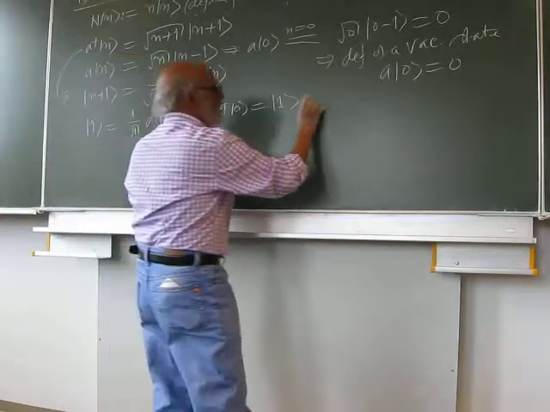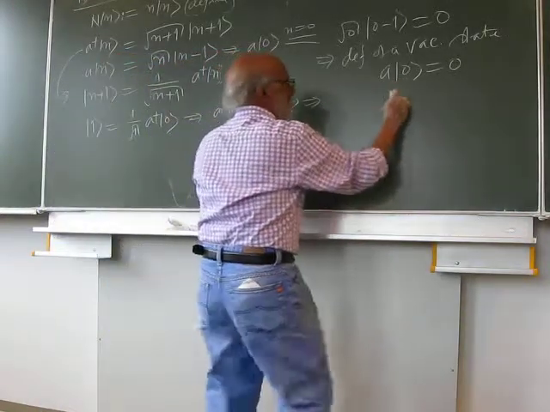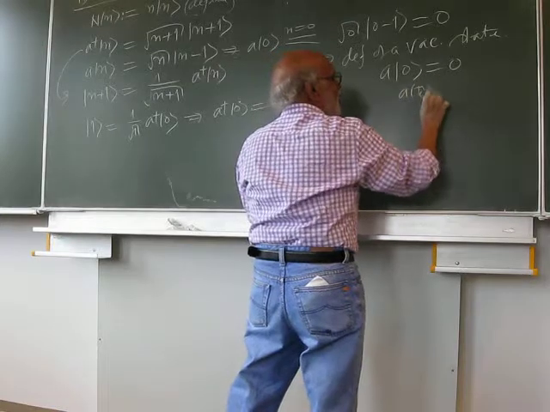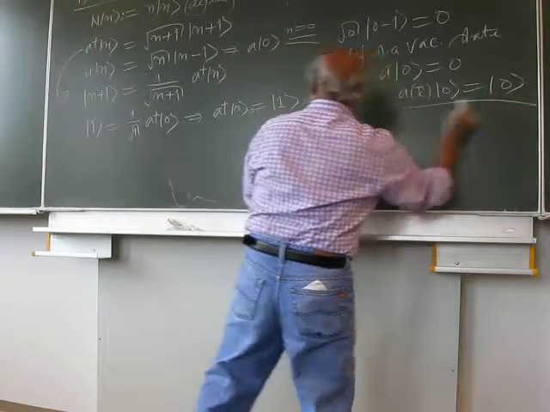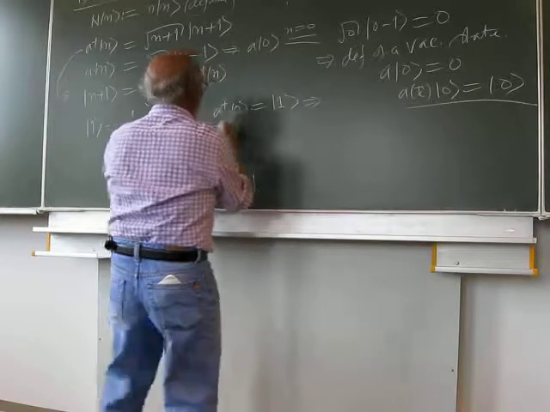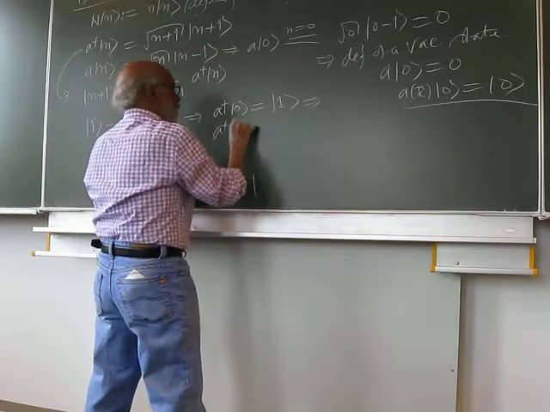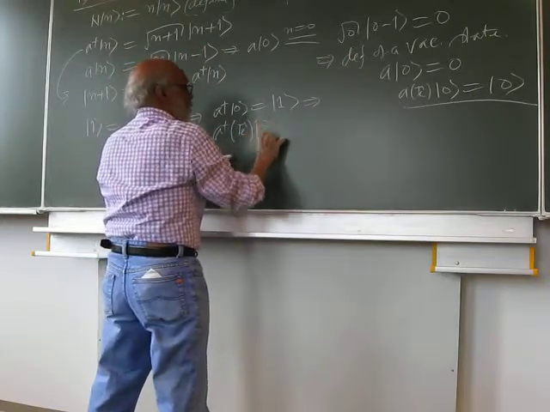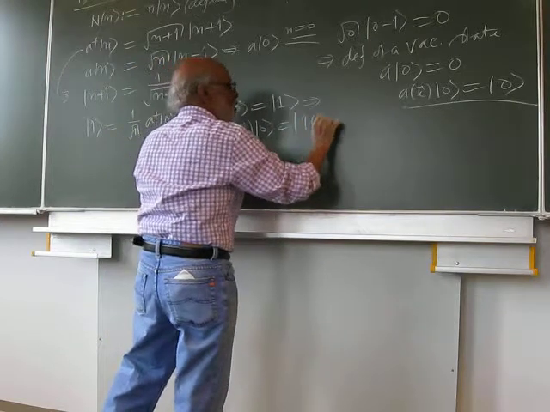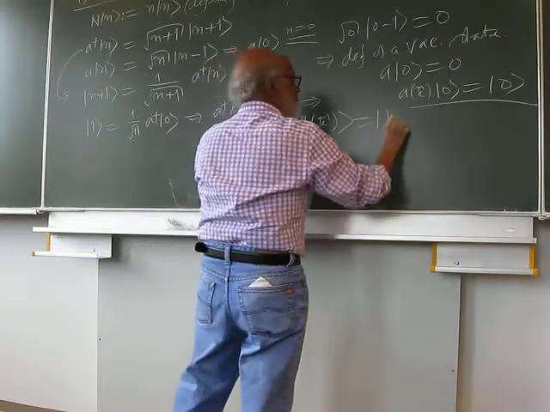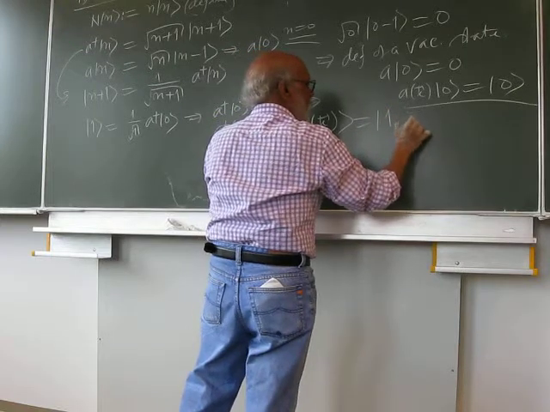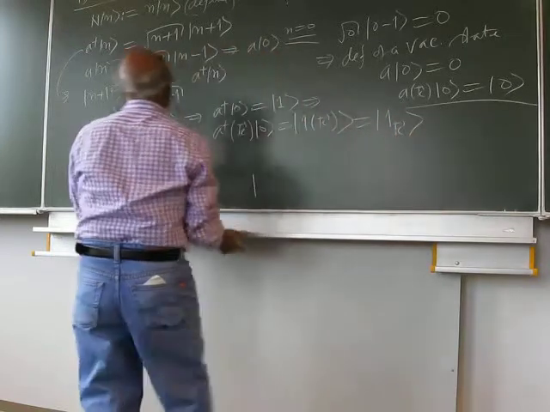In field theory, I would write A of K operating on 0 gives me 0. Here I would write A dagger of K prime operating on this, or sometimes even you can write |K>. So this is the one particle state.